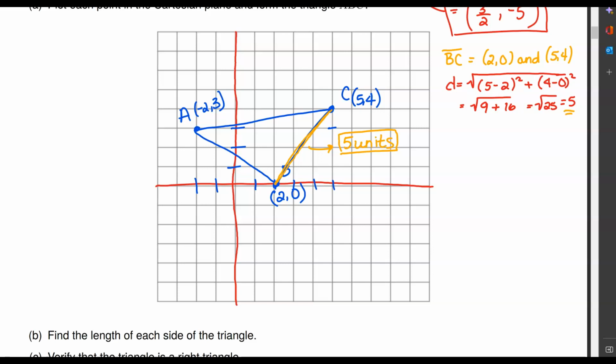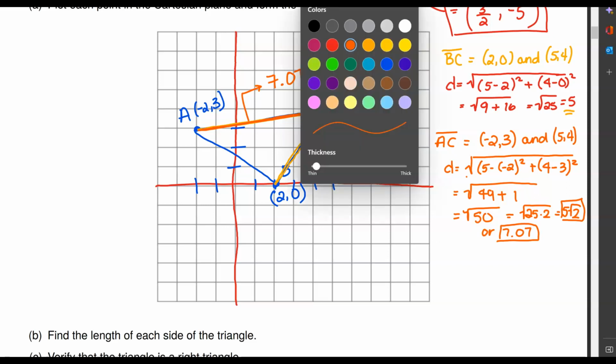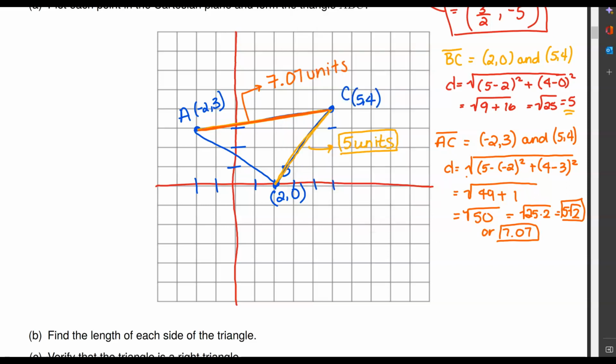Now let's calculate A to C. Let's figure out this distance here. Take a moment to do that. All right, so for this one, we're looking at the points -2, 3, and 5, 4. Did you get 5 root 2 or 7.07 units? So that's telling us that this distance is 7.07 units. All right, our last side here, let's go ahead and calculate A to B. So it's going to be this side right here.